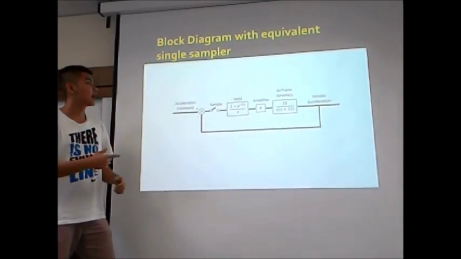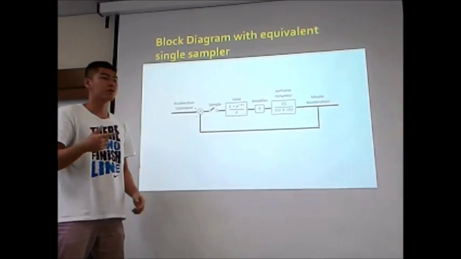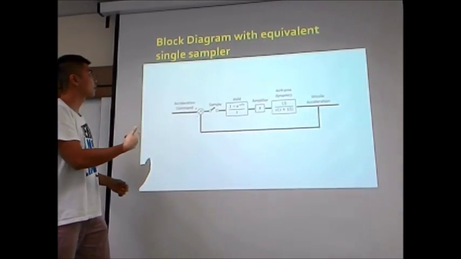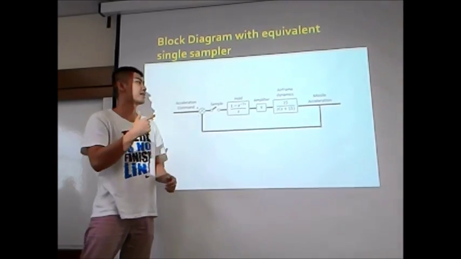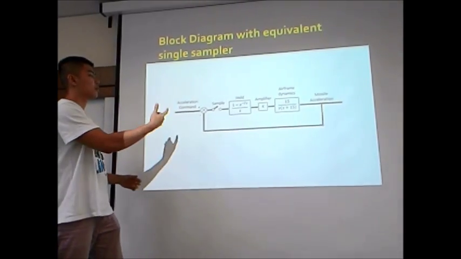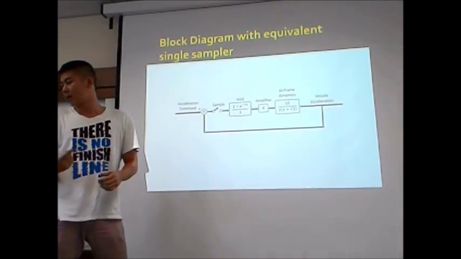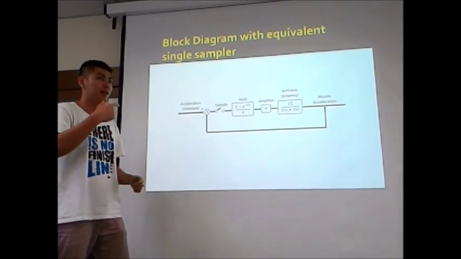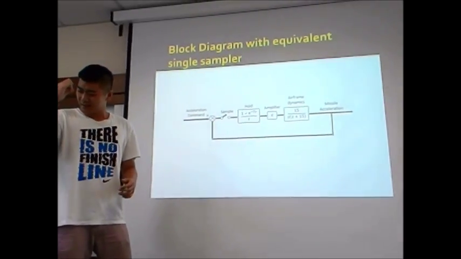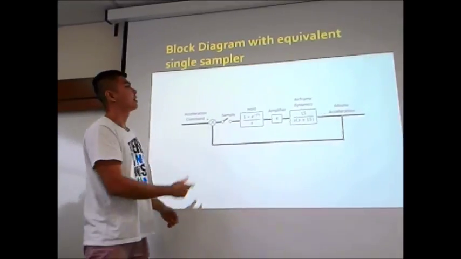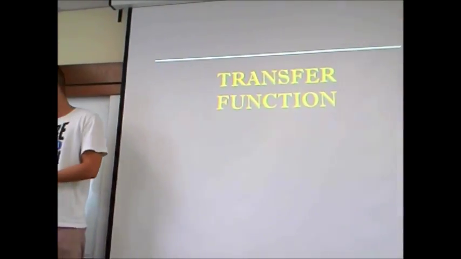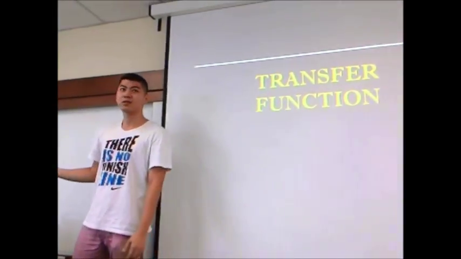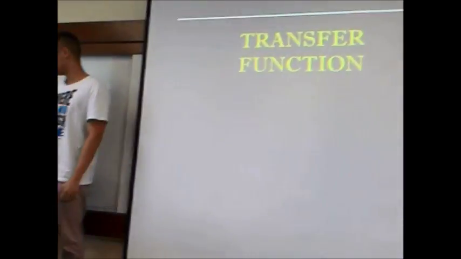These two block diagrams are similar, and the reason why I put the second block diagram is because it helps us understand the control system more, and will make our calculation easy. Now I will pass to my teammate for the second part.